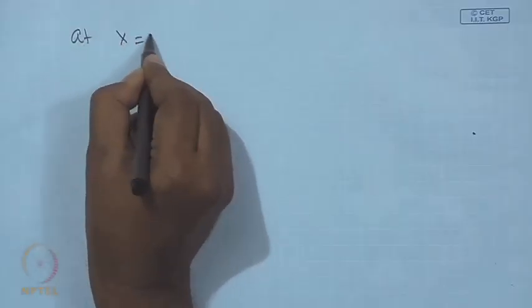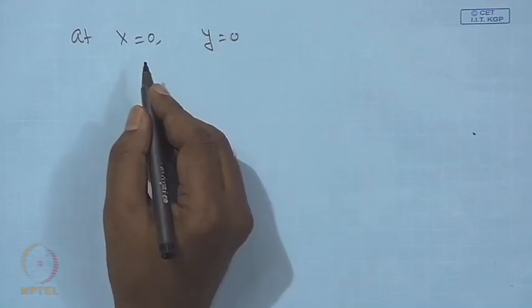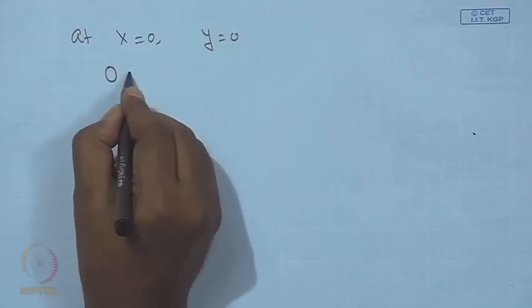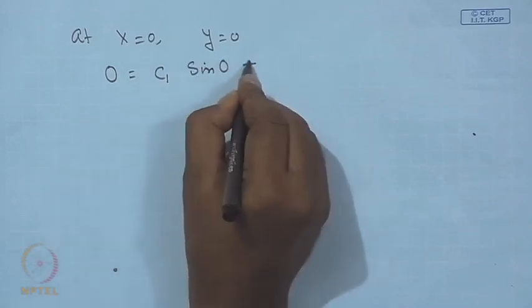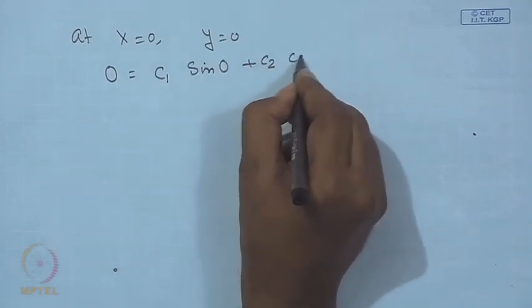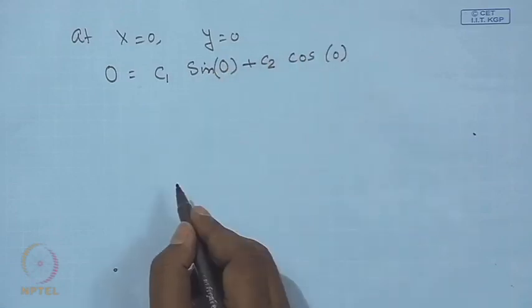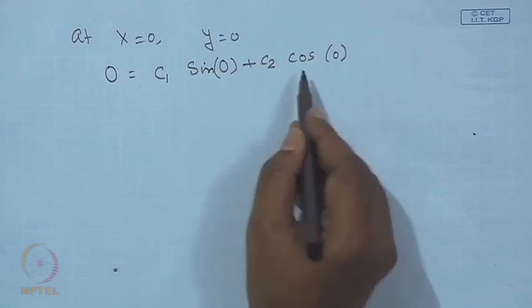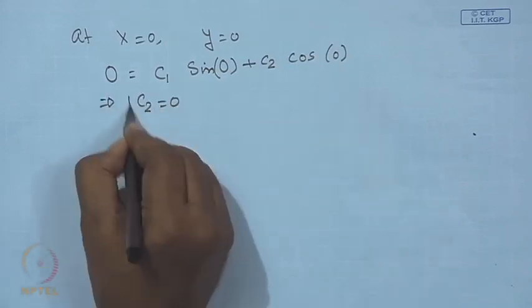The first boundary condition is at x is equal to 0, y is equal to 0. So what we get is 0 is equal to C 1 sin 0 plus C 2 cos 0. Sin 0 is 0, cos 0 is 1, so we get C 2 is equal to 0.